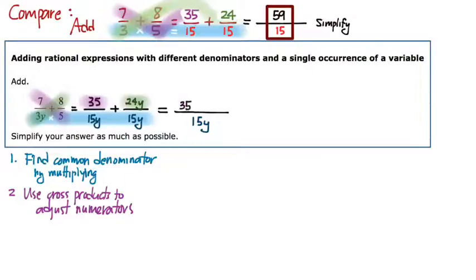When I add them together, we can't make it any simpler than 35 plus 24y. So it's not the same as 59y. It's not the same as 59. It's just 35 plus 24y. Because they're unlike terms, we couldn't combine them together. And so at that point, it kind of is what it is. Unlike terms.